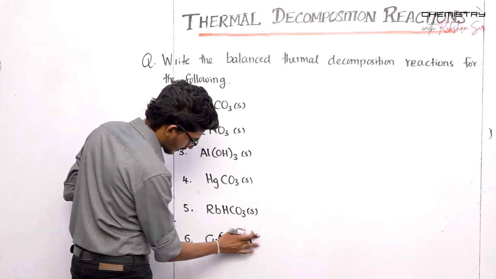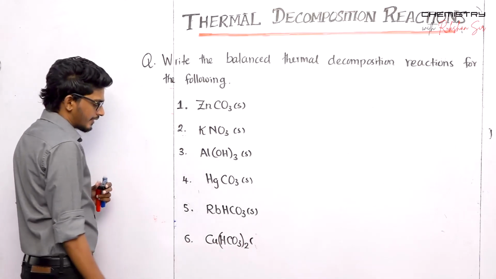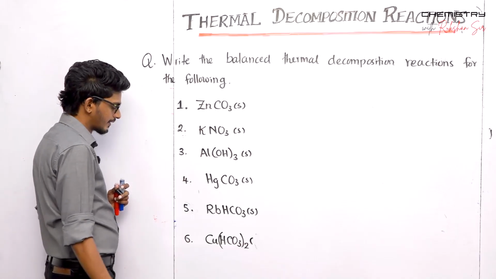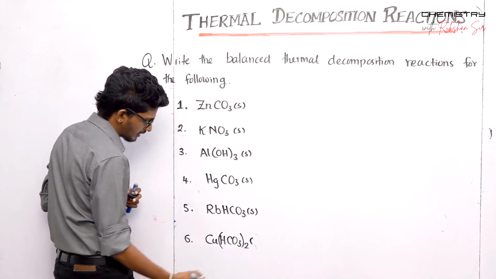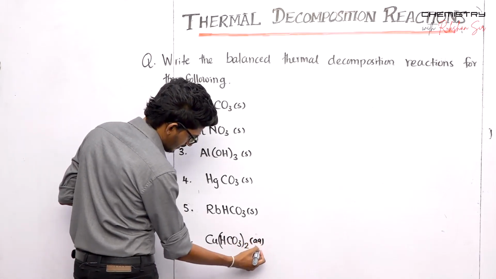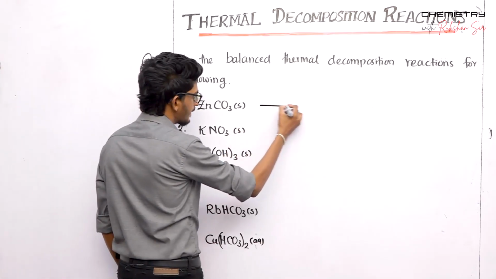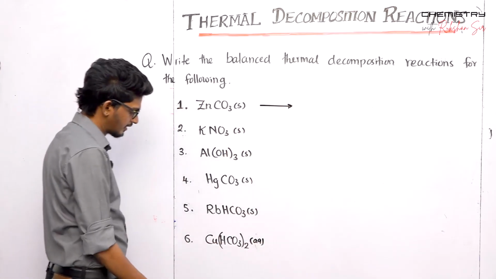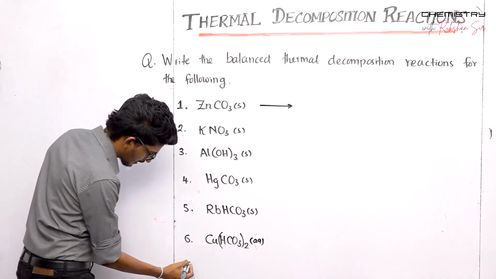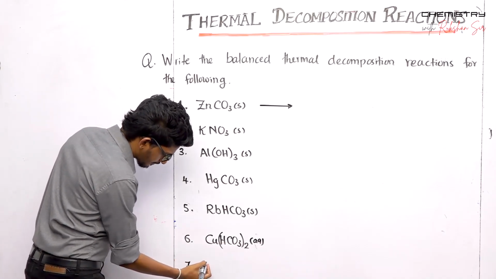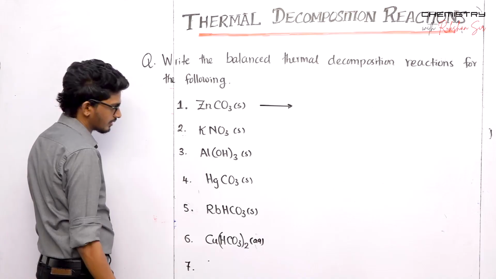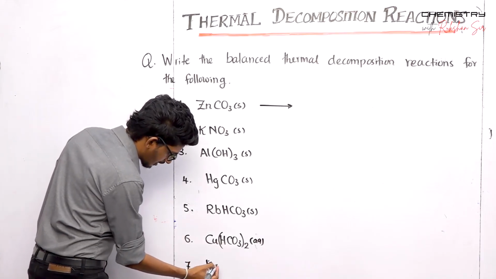Bicarbonates won't come as solids other than for the active metals, so let's copy like this and try to write the equations for this. I will come with another one, 7, potassium hydroxide as well.